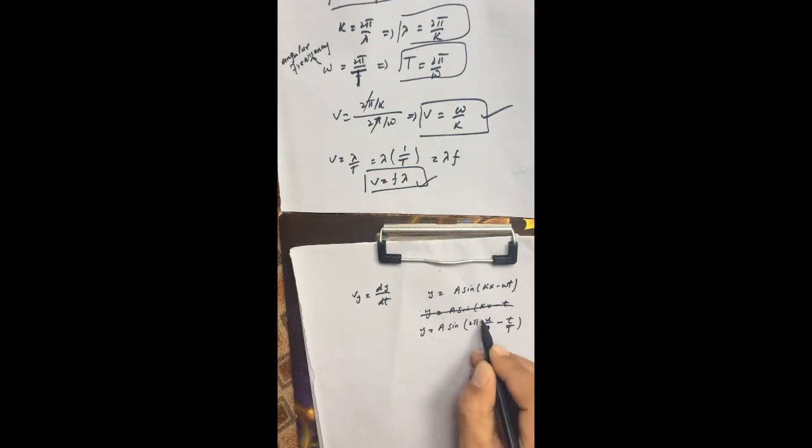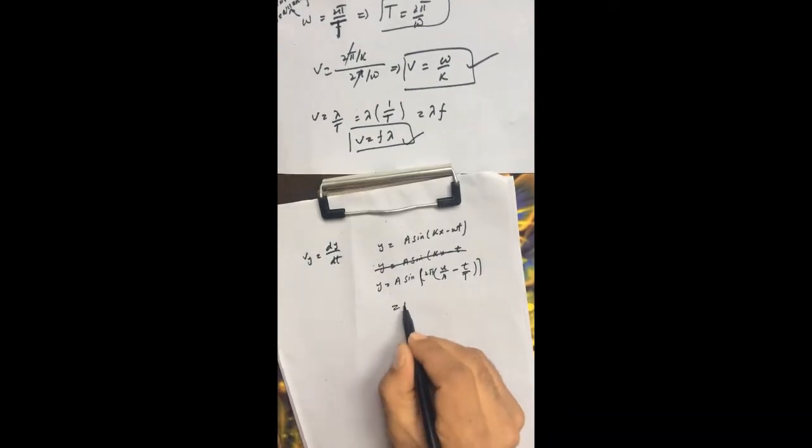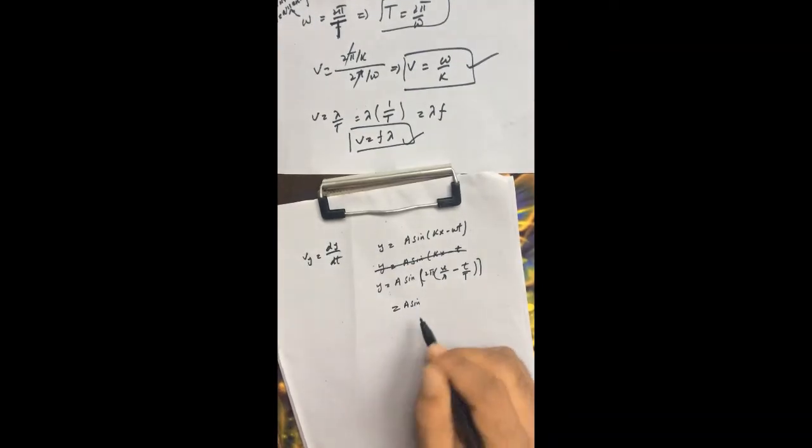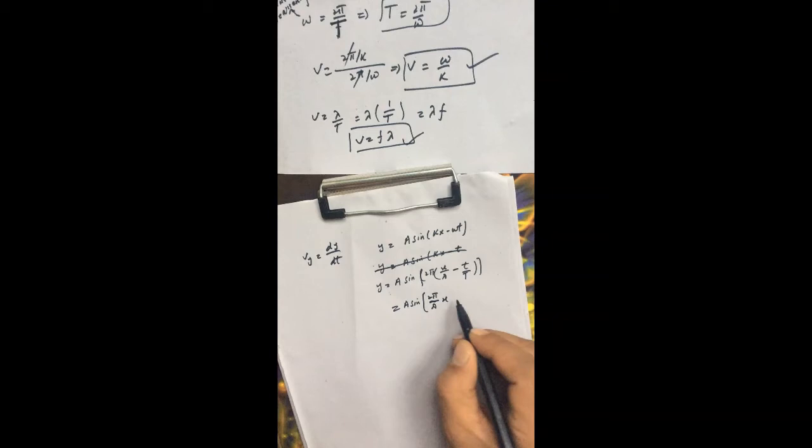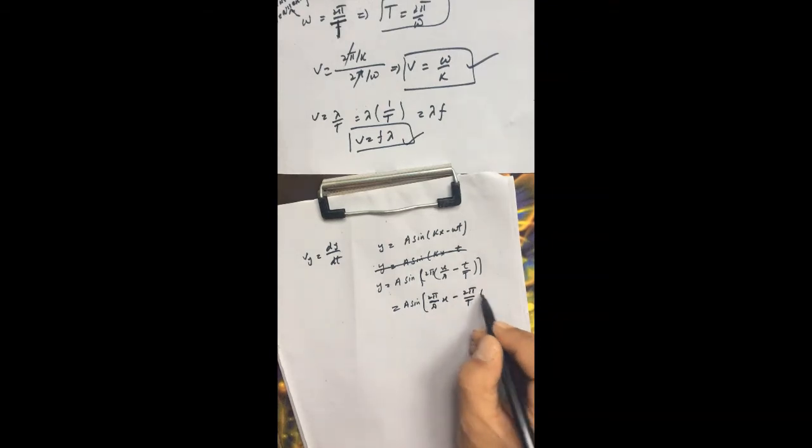I can write it as y is equal to A sine of (2 pi x over lambda minus t over T). So this will become A sine of (2 pi over lambda times x minus 2 pi over T times t).